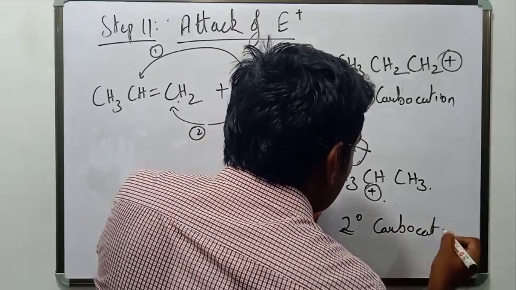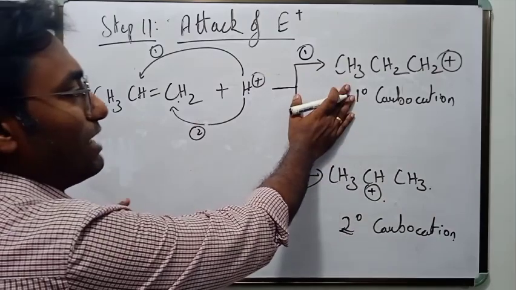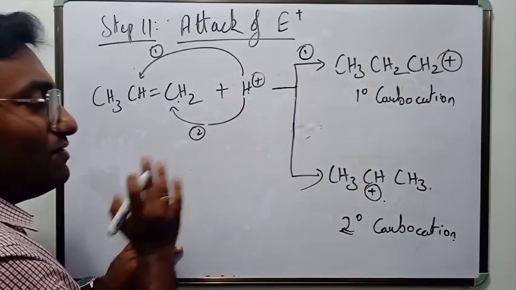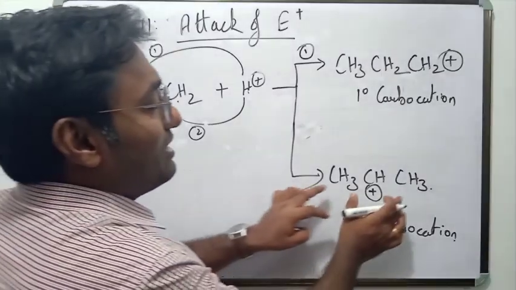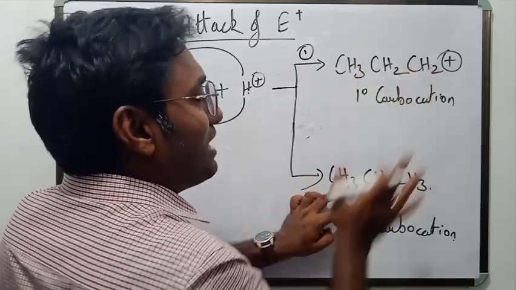Can you say which one is stable? Is the primary carbocation stable or is the secondary carbocation stable? I say that the secondary carbocation is much more stable than the primary carbocation.